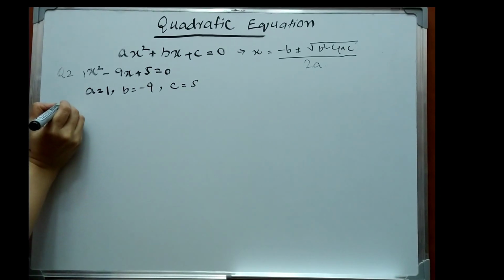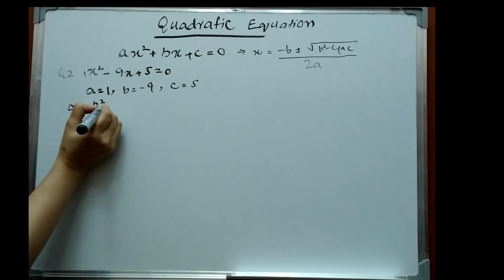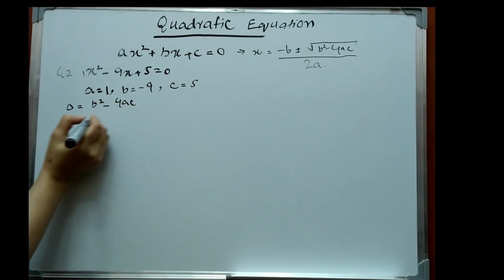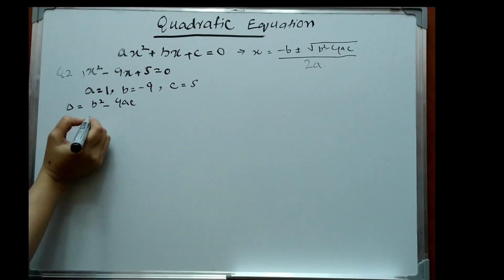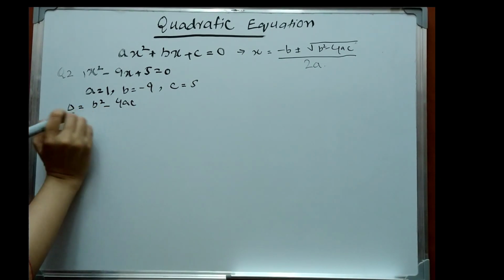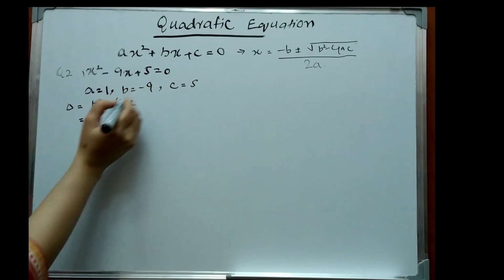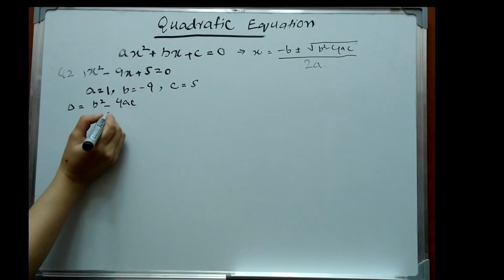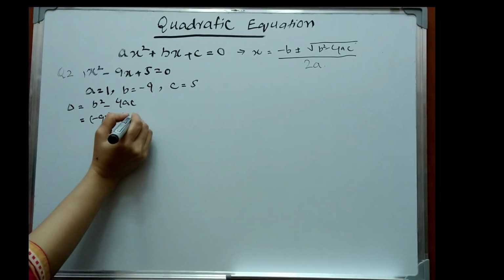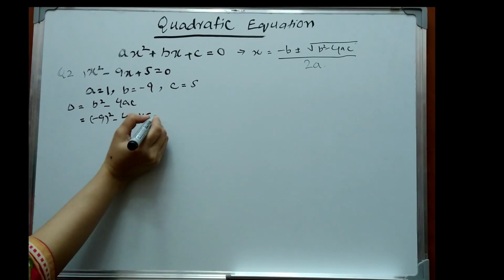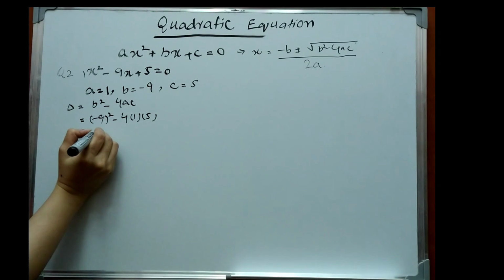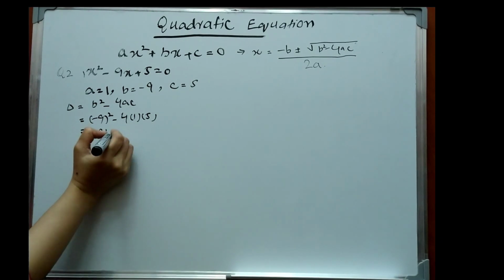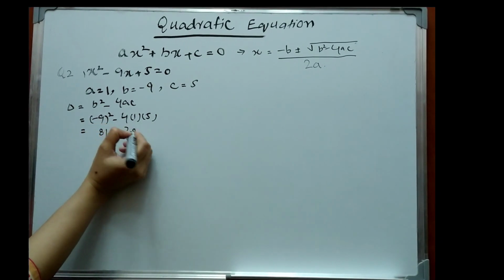Now first of all we have to determine the value of delta. Delta equals b square minus 4ac. Putting the values of a, b, c, b equals minus 9 whole square minus 4, a equals 1 and c equals 5. Simplifying, 9 9s are 81, minus minus 4 5s are 20.